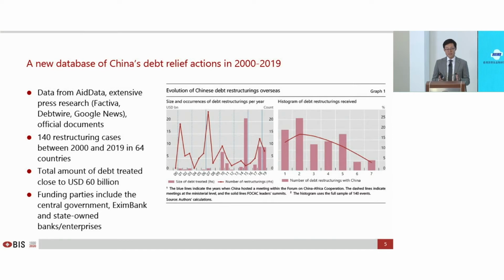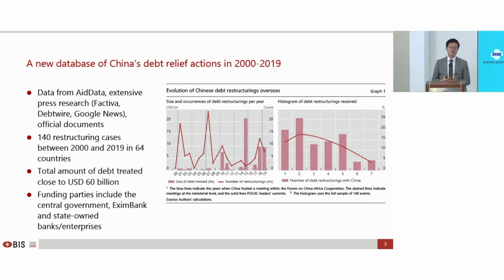In that database, they included a few debt restructuring operations. From that basis, we conducted extensive press research using dedicated search engines like Factiva and also DebtWire, but also Google News.